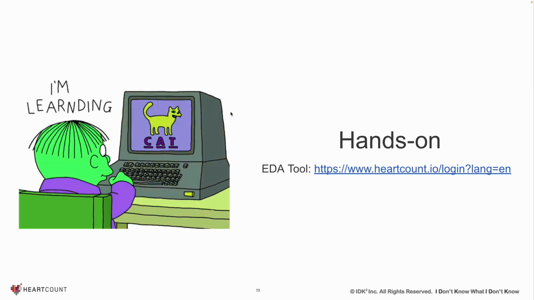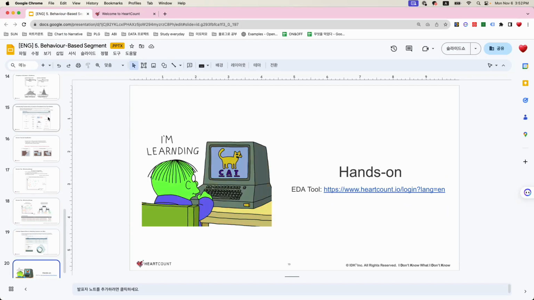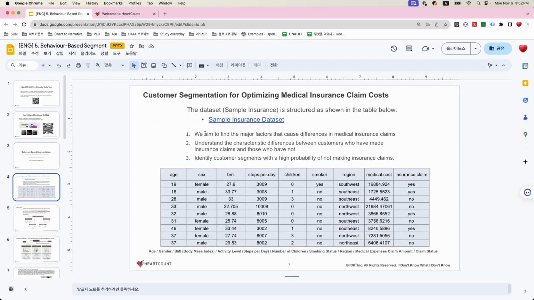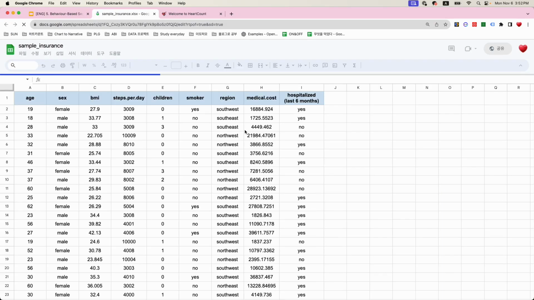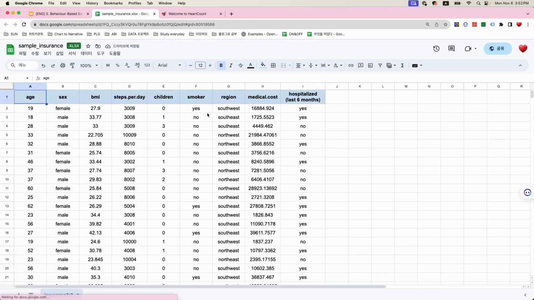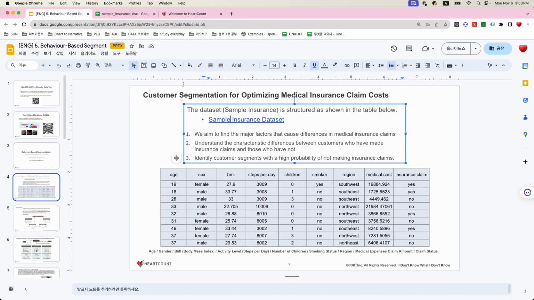So moving on, we're going to navigate through a dataset from an insurance company that I've already mentioned in the first slide here. So this is about information on individuals who have made at least one medical claim, and I'll give you this link in the description below, so don't worry.